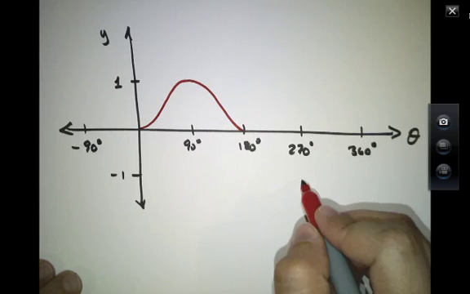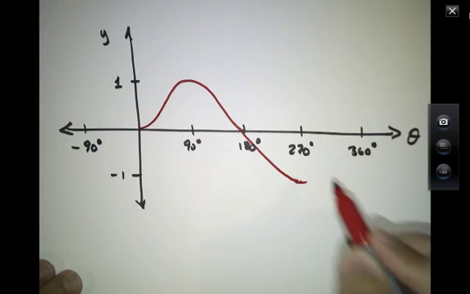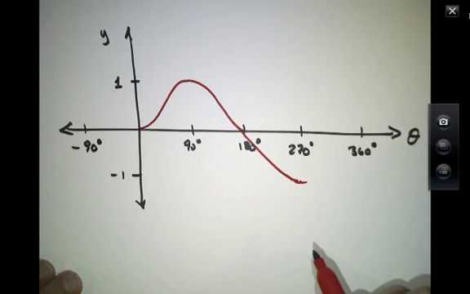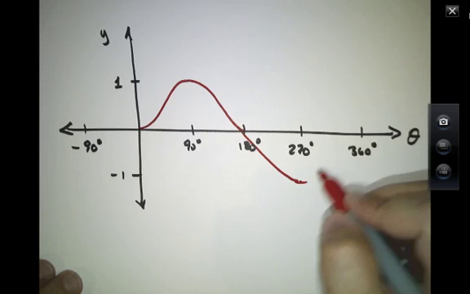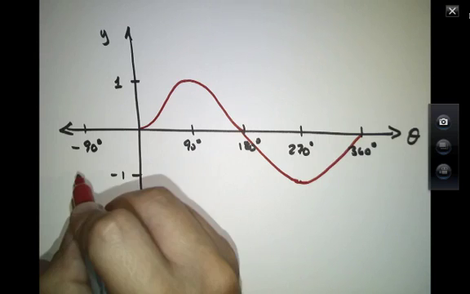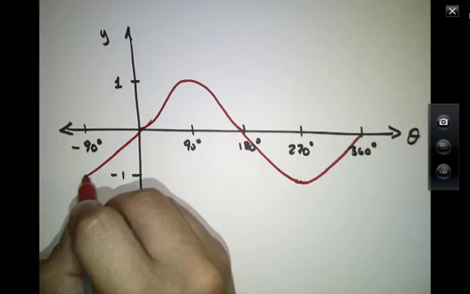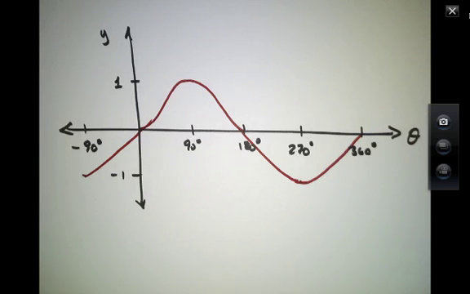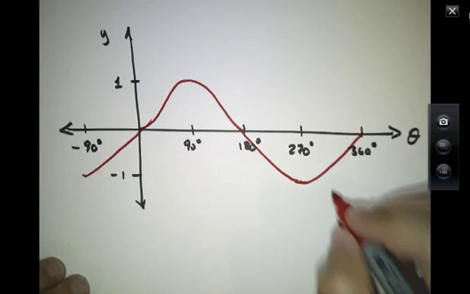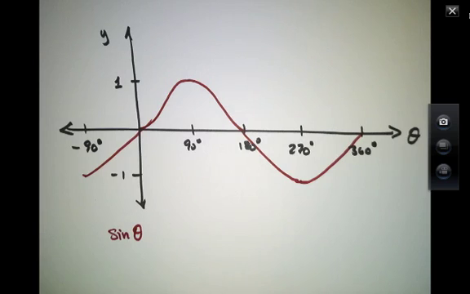At 270 degrees, it actually goes to negative 1 because the opposite side is pointing straight down. And at 360 degrees, it's back up to 0 again. In other words, you made one full revolution. At minus 90 degrees, I'm down here at minus 1. So that might be a graph of sine theta.